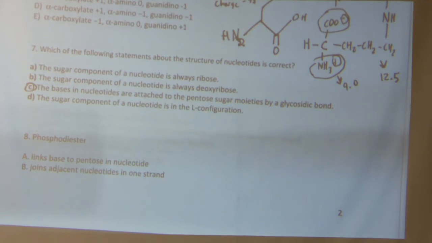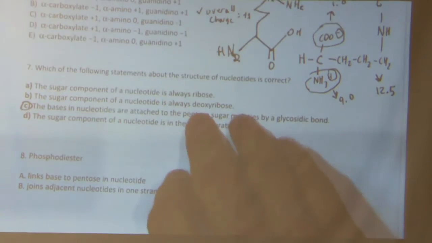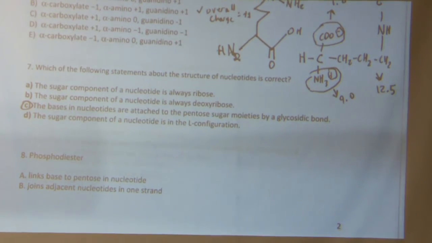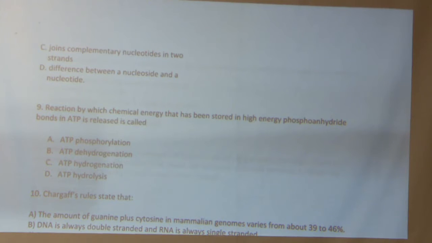So phosphodiester bond, what is the definition? A, links a base to a pentose in a nucleotide. B, joins adjacent nucleotides in one strand. C, joins complementary nucleotides in two strands. D, the difference between a nucleoside and a nucleoside triphosphate.